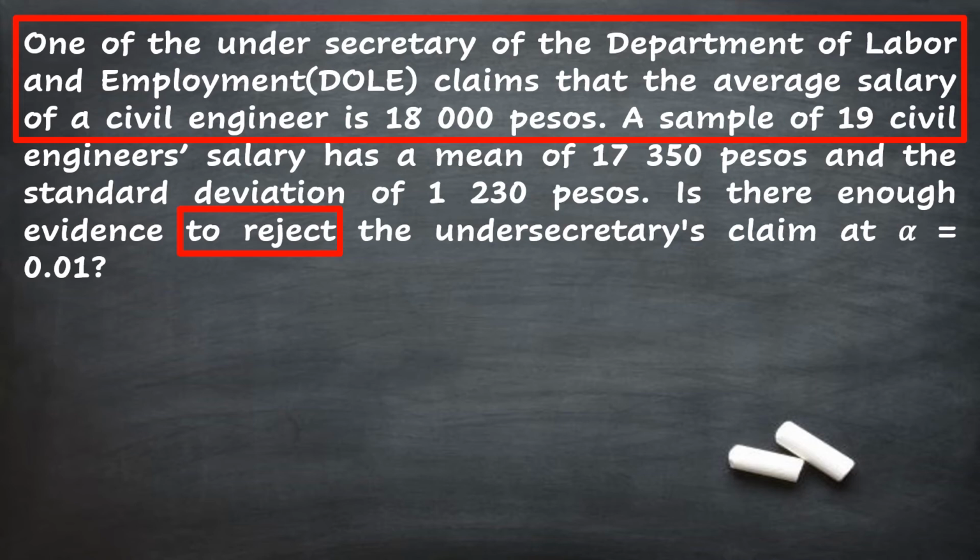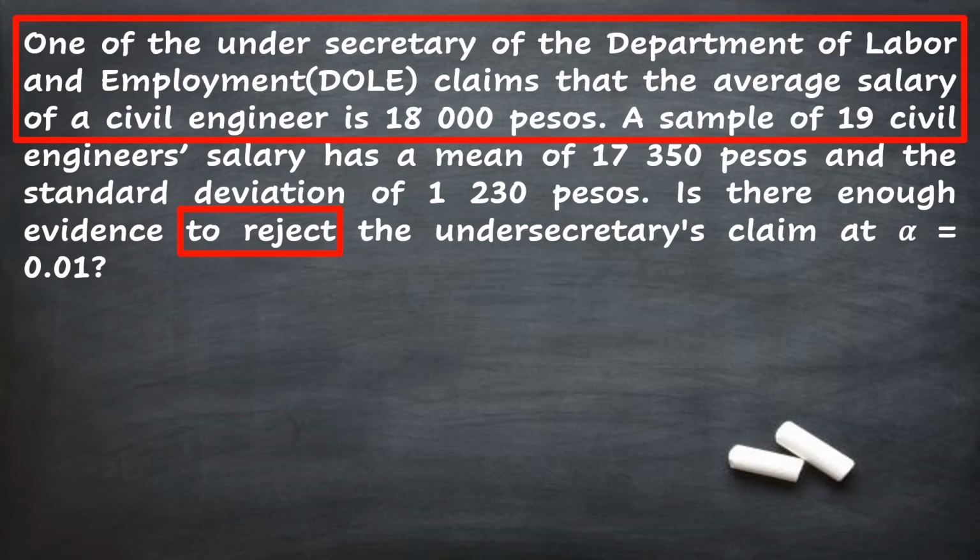So, if this will be the case, all you have to remember is that the null hypothesis will always be equal to a given number or value. Since dito ang sabi, the undersecretary claims that the average salary of a civil engineer is 18,000 pesos, we can say that this one is under null hypothesis kasi there's a statement na equivalent, na equal yung salary to 18,000 pesos.